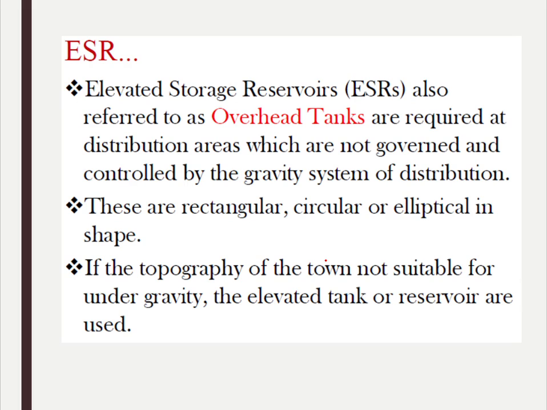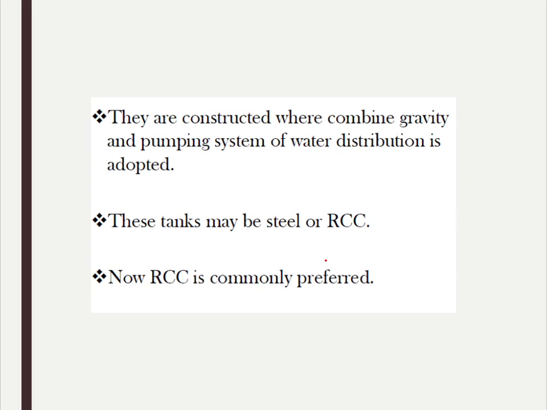Generally it is rectangular, circular or elliptical in shape. Nowadays all the overhead tanks are made of RCC only. The topography of the city is also very important while we are locating the overhead or elevated storage reservoirs.